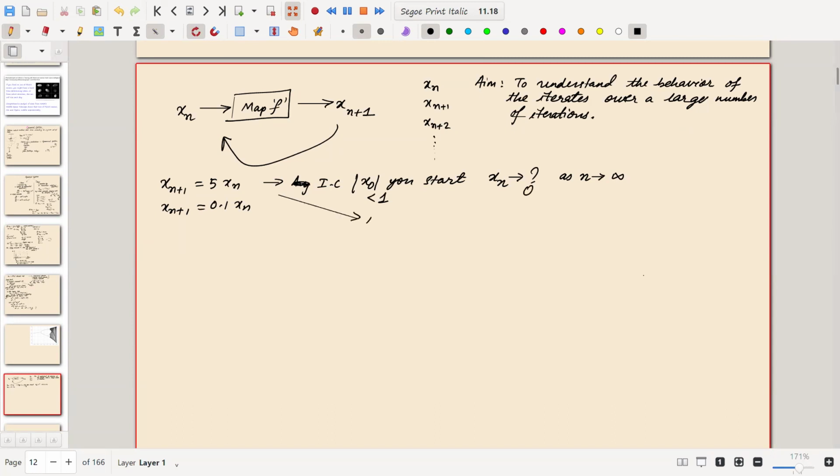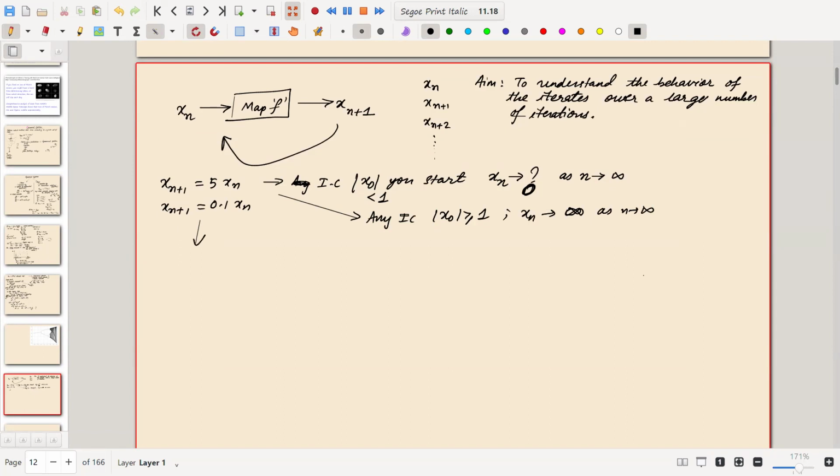But any other initial condition greater than 1, or even equal to 1, it will still go to infinity as n tends to infinity, right? So you can see here it either goes to 0, or it goes to infinity, that is, diverging.